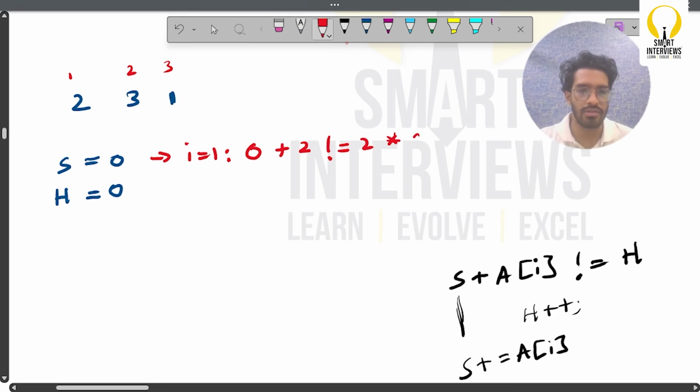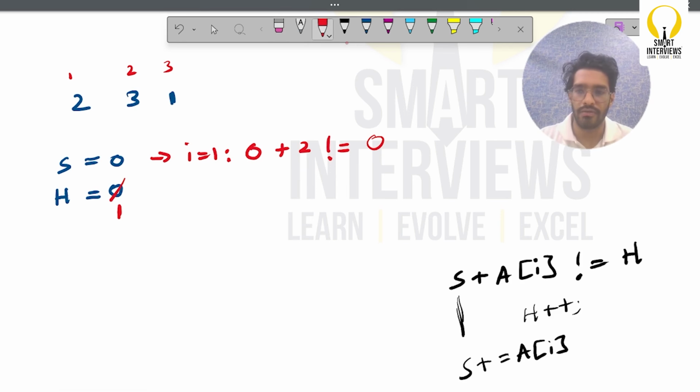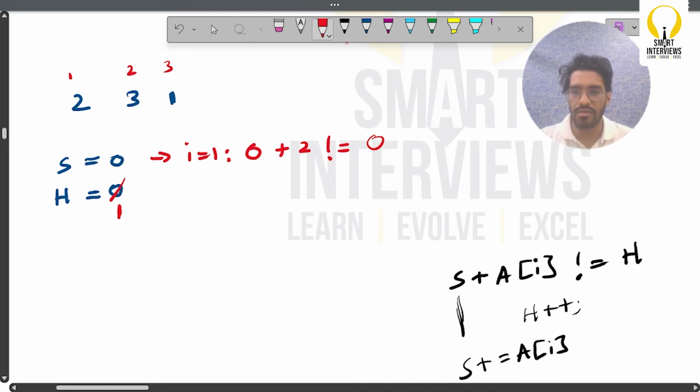S was initially 0, so this becomes 0. So we know that 2 is not matching with 0. That means the value of h changes to 1. And after changing the value of h to 1, we also need to add a of I value to s. So after this operation is done, you will update the sum value to 2 because a of I is 2.